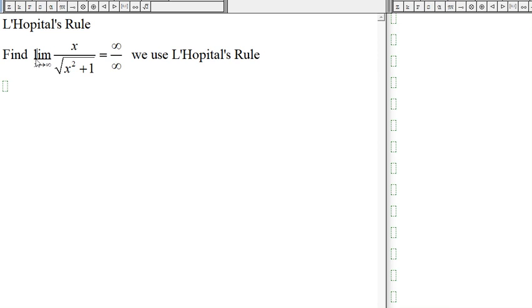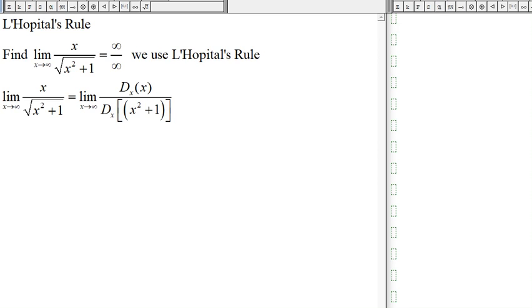So we'll take the limit of the derivative of the top and the derivative of the bottom. Now, the square root of x squared plus 1 is the same as x squared plus 1 to the 1 half.